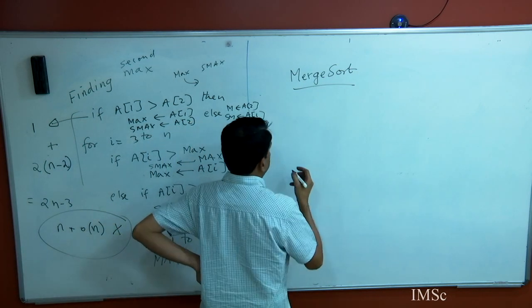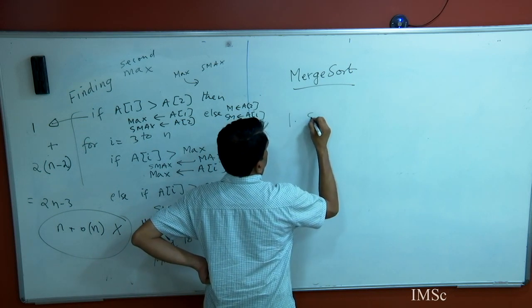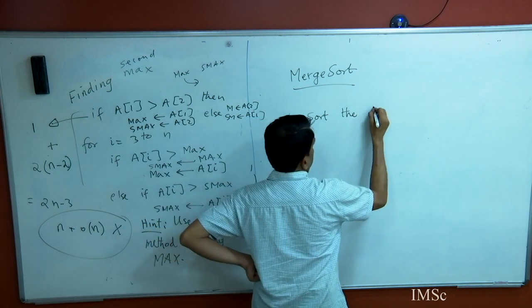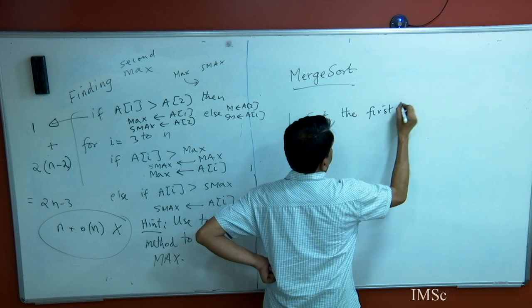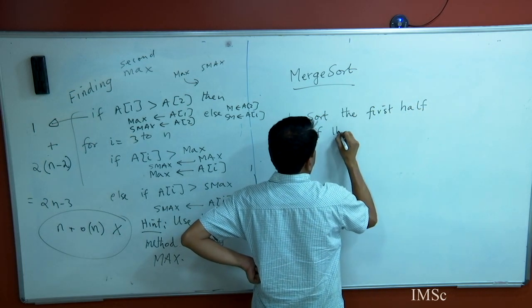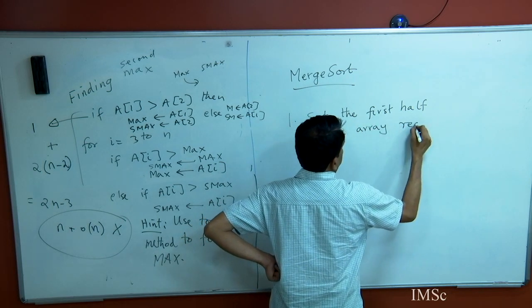So recall the algorithm was: sort the first half of the array recursively.